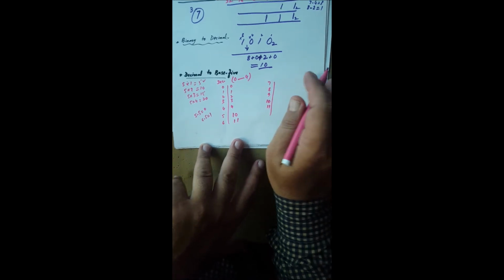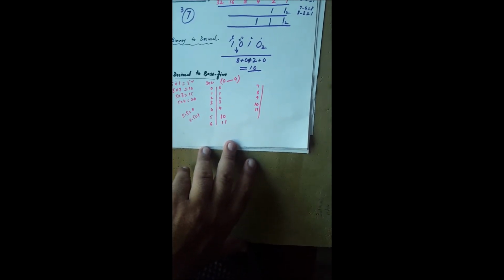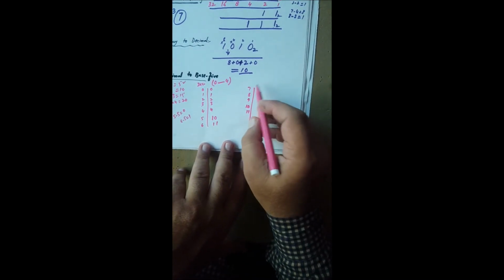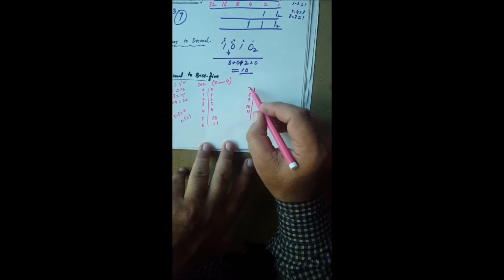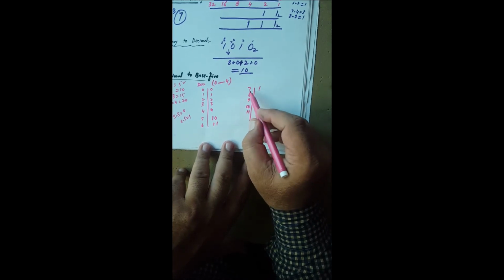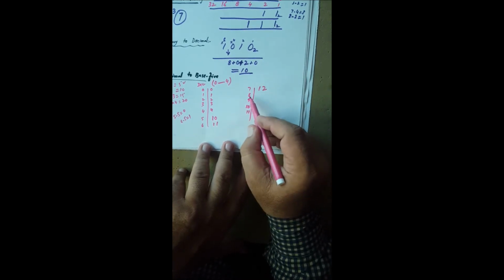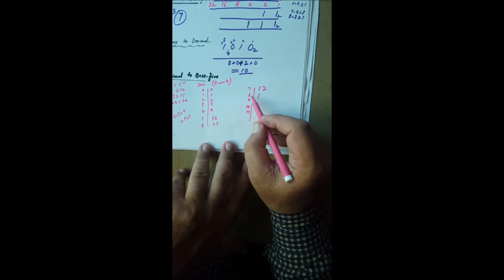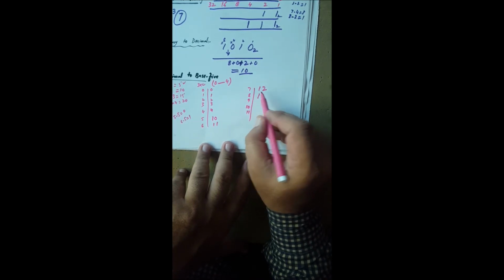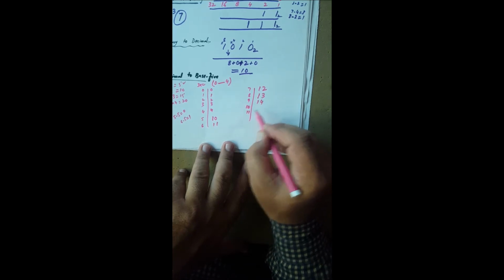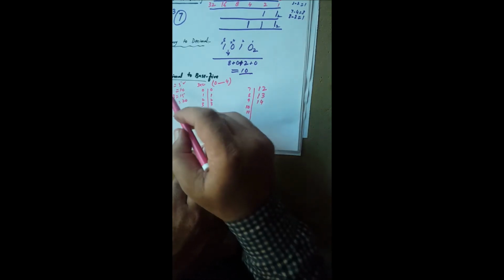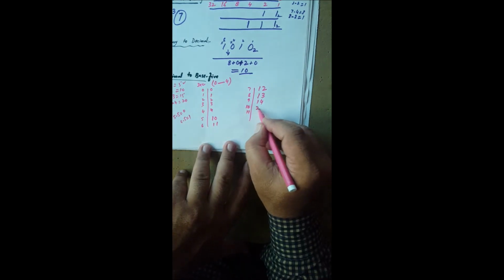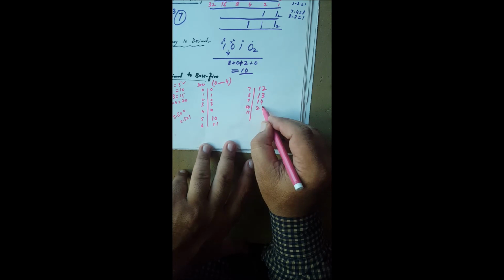The same method can be applied for all the digits in decimal. 7 means one 5 is involved in it, 1, and 7 minus 5 is equal to 2. 8 means one 5 is involved in it, 1, and 8 minus 5 is equal to 3. 9 has one 5 and 4. 10 means 5 twos are 10, so we can write 2 here and in the unit place 0.